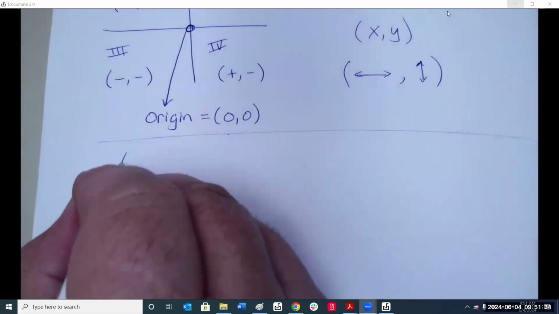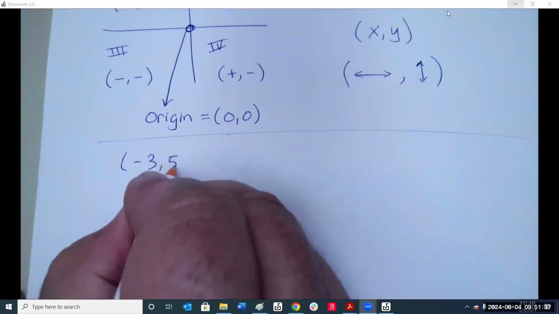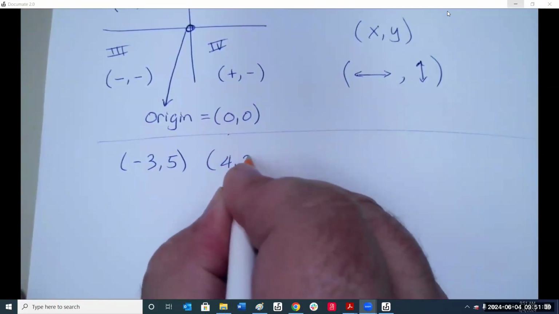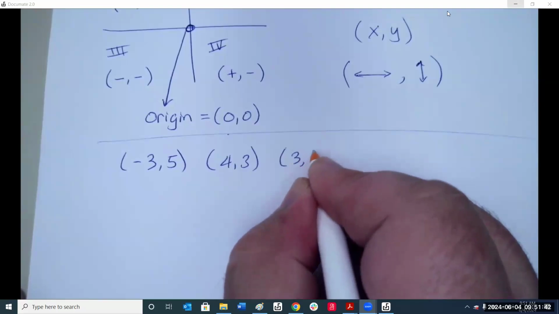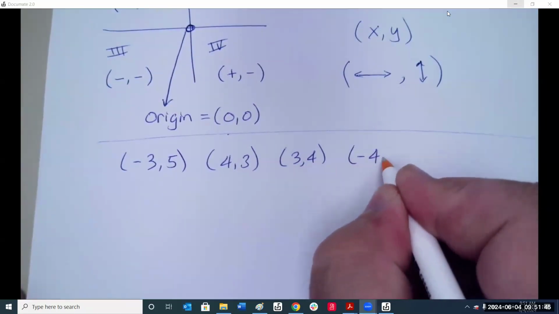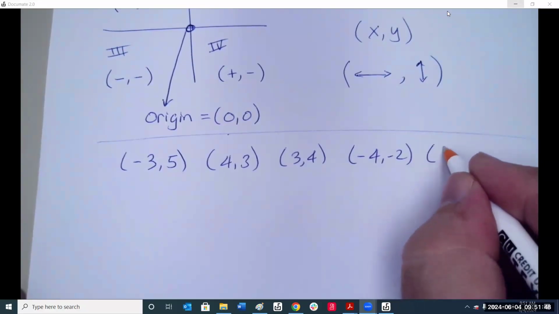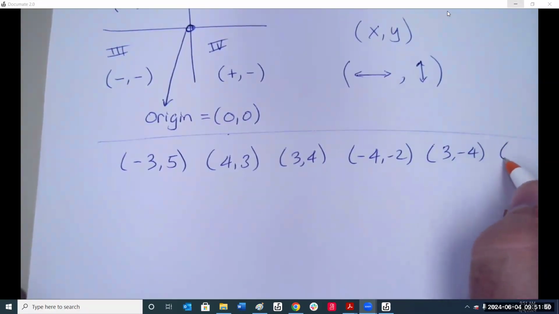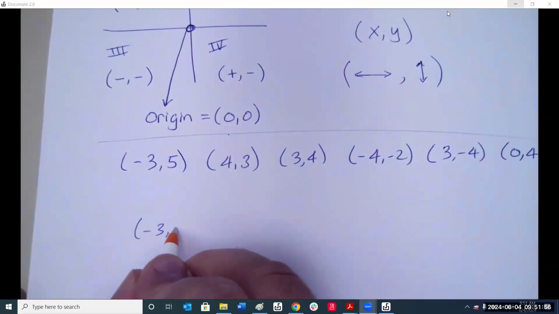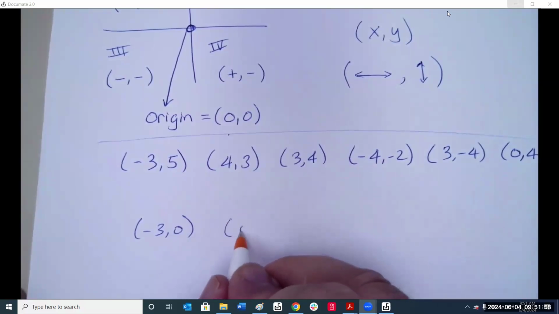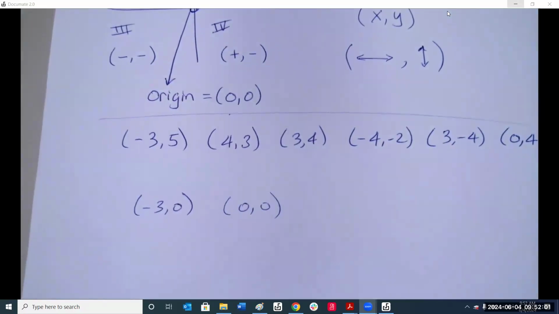So I'm going to give you some points here. Plot those on a grid, but before we do that, tell me which quadrant they're in. On your own paper first. I'll give you 2, 4, 6, 8 seconds.